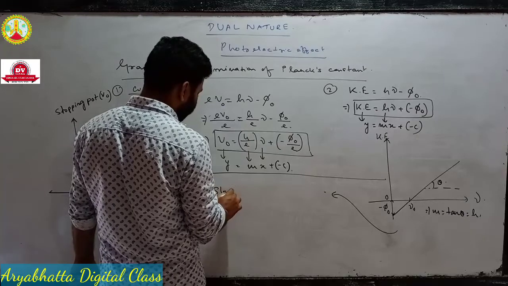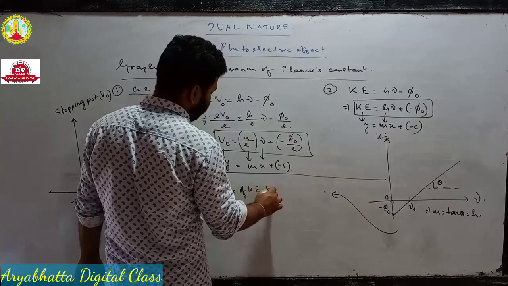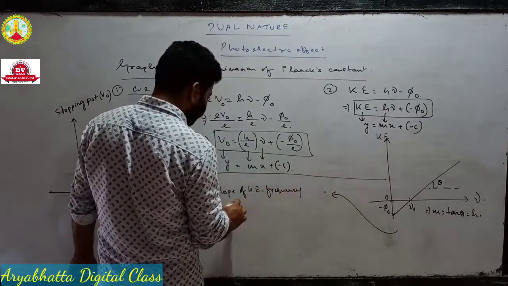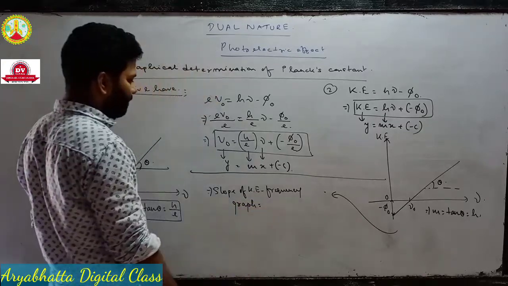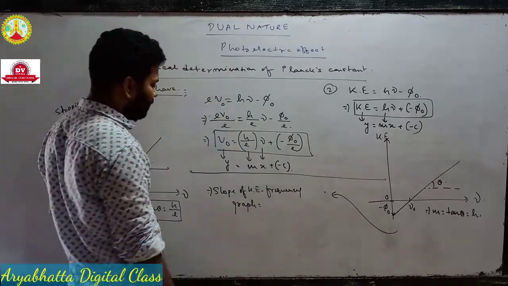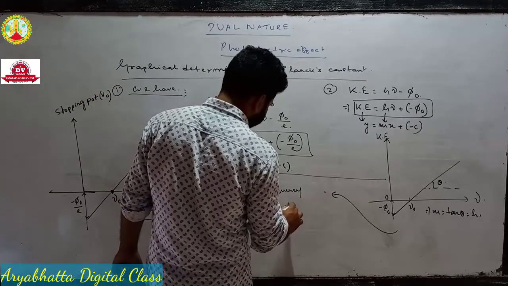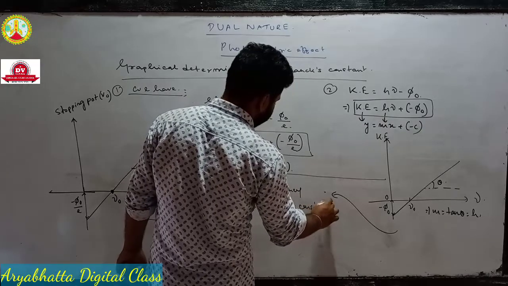Tan theta means slope. So slope of kinetic energy versus frequency graph will give us the value of Planck's constant, which is here equal to h.